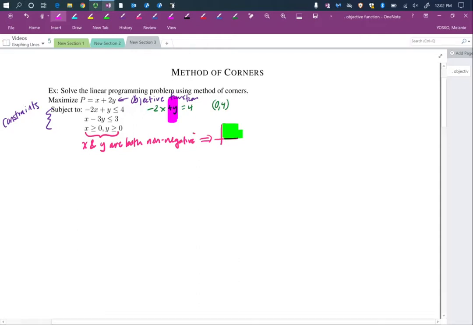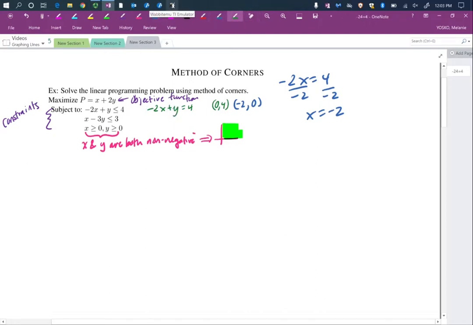Solve that equation. You divide both sides by negative 2, so you end up with y is 0 and x is negative 2, because you're doing this in your head. Okay? So we're going to have those points as our intercepts.